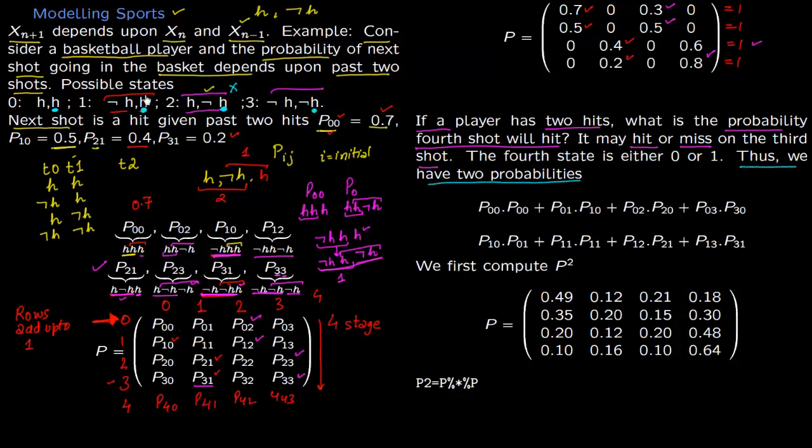So the first probability is associated with, you start with 2 hits, and then you end up with a hit. You start with 0, 0 means 2 hits, and you end with the hit. Or you again could have 2 shots, and now you have 1 0 0 1.